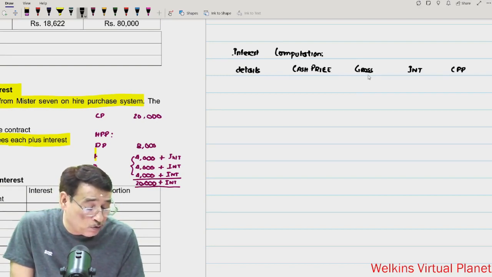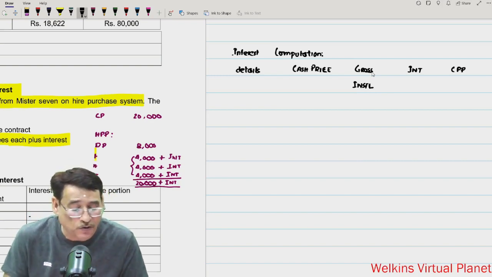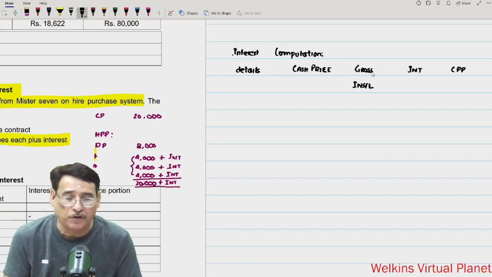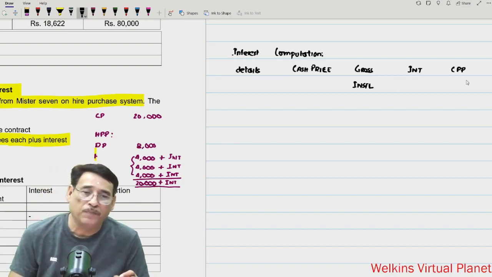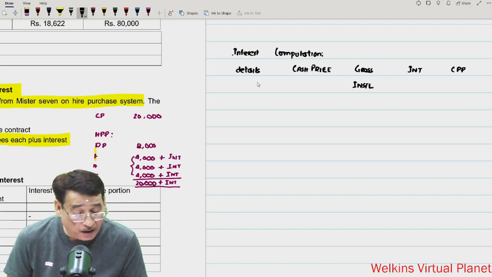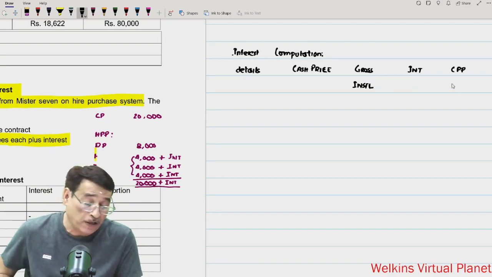Sir, you told this question is of pure installment, but you are writing gross installment here. Yes, you are right. Whenever we do the interest computation, we will always frame the table in this manner. Correct? Details, cash price, gross installment, and we shall write interest and cash price portion.